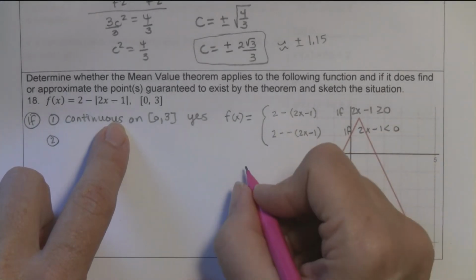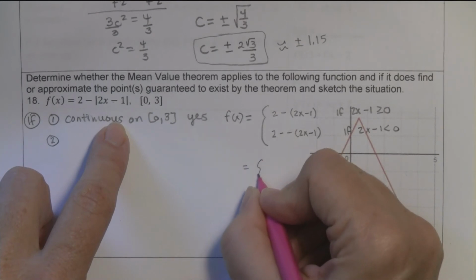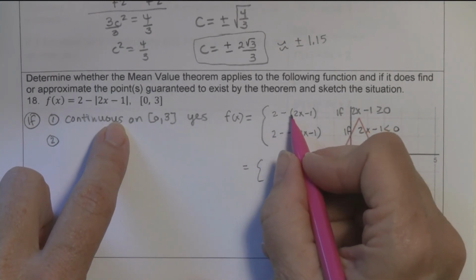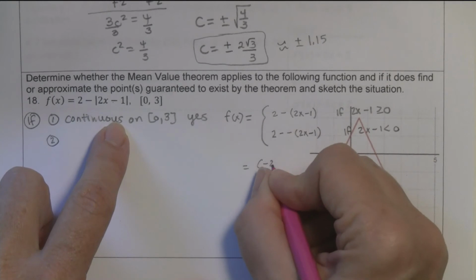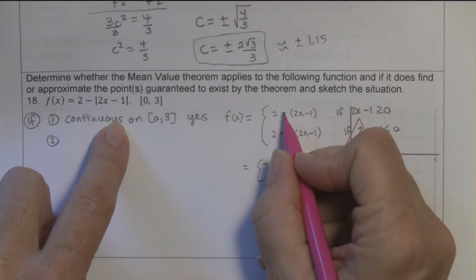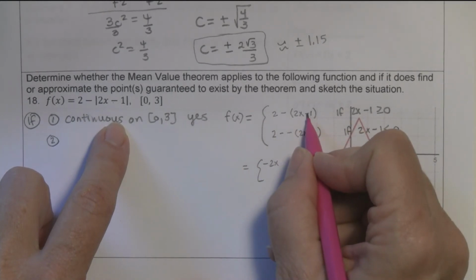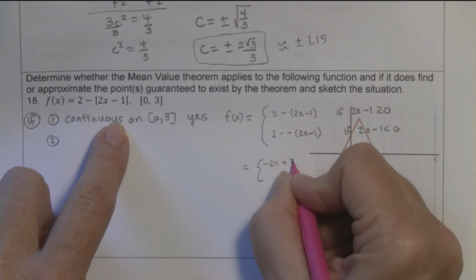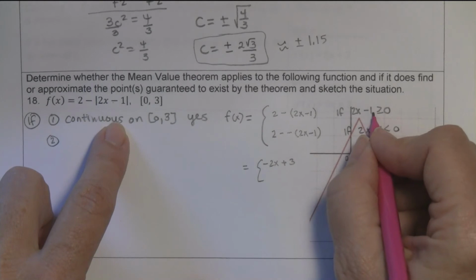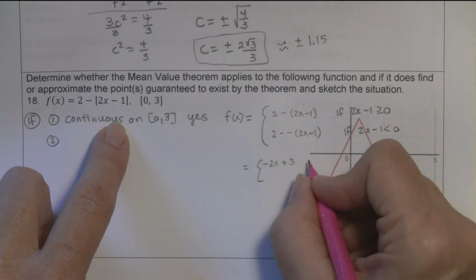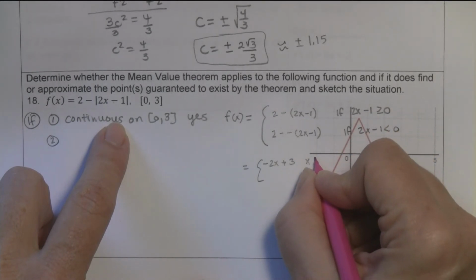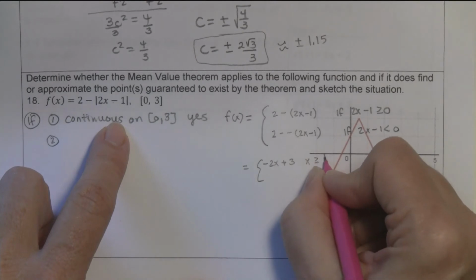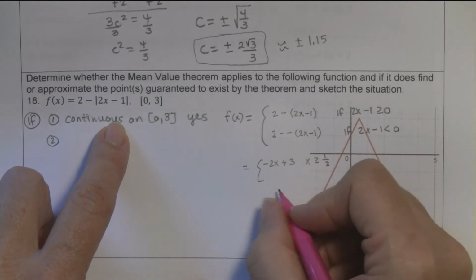And so this is 2 minus, so this is minus 2x. And this is a minus times a minus is a plus 1, plus 2 is plus 3. And this is add 1, divide by 2. This is if x is greater than or equal to half.